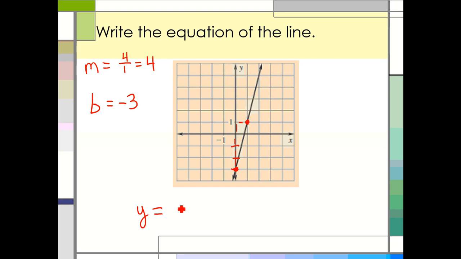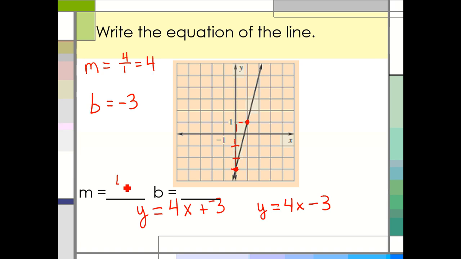Y equals, I'm going to replace the m, and then replace the b value. Now you can put plus -3. This is the exact same thing as 4x minus 3. Both of those mean the exact same thing, so both are correct. So y equals 4x minus 3 is the equation of this line on this graph.